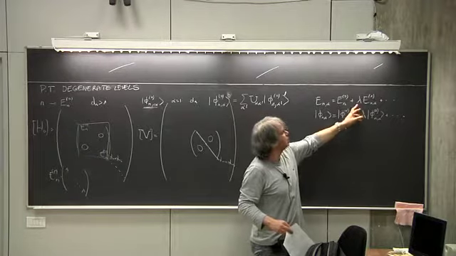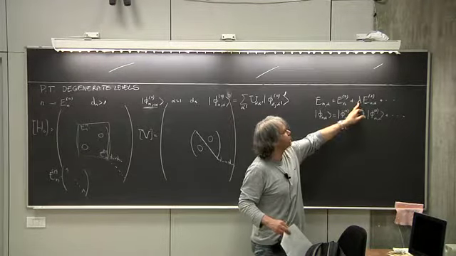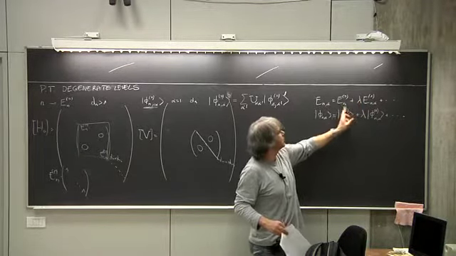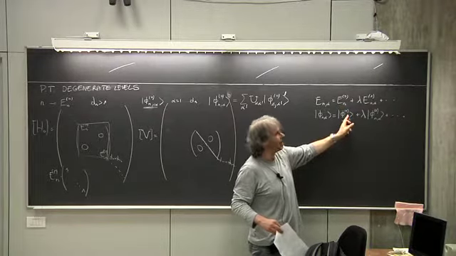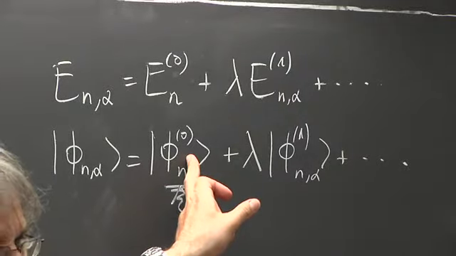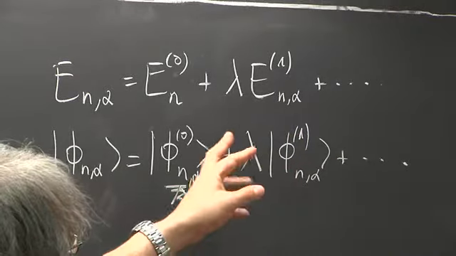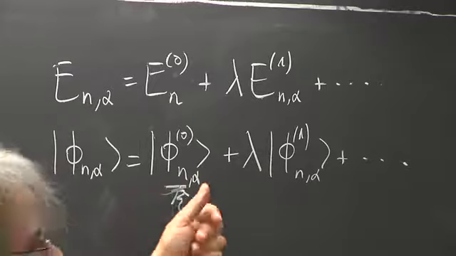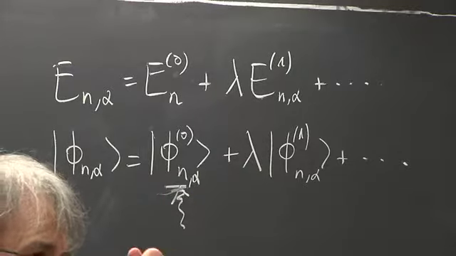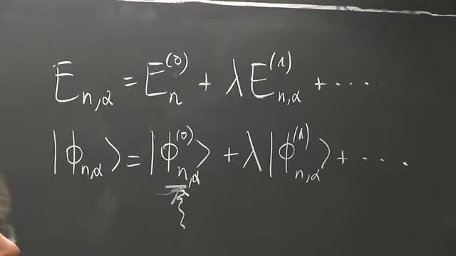And in some sense, we want that when lambda goes to 0, not only the energy goes to this, but the state goes to that. All right? So this is the smoothest, the most continuous thing. You want the state to go to this object when you have a finite lambda and you reduce it to 0.